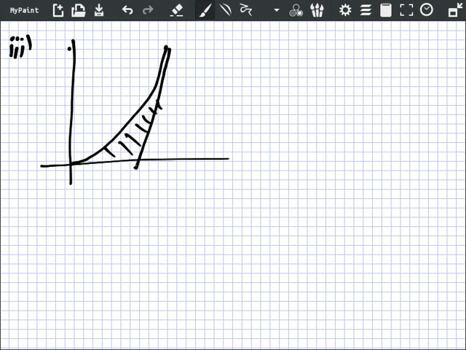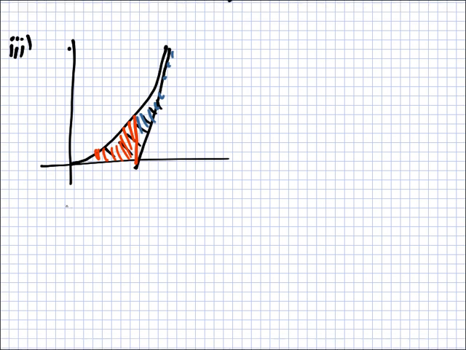Okay, the first one is this shape here, in red. And the second one is in blue here. It's not actually, because in between the curve and the line would include this. So what's the first integration?